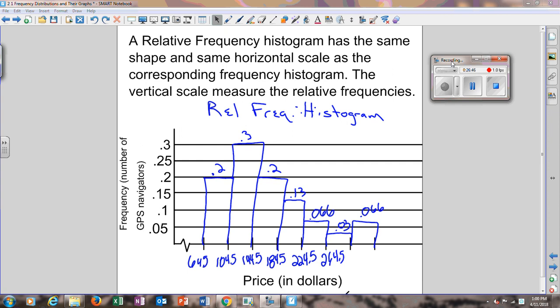So when we looked at the relative frequency, we had 0.2, 0.3, 0.2, 0.13, 0.066, 0.03, and 0.066. And so we just list those out, make the corresponding bar graph the exact way, and you're done with it.